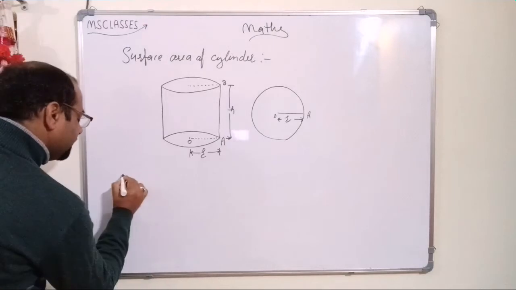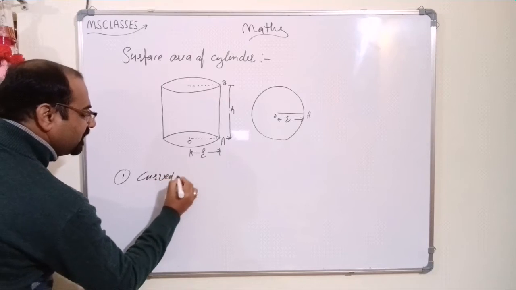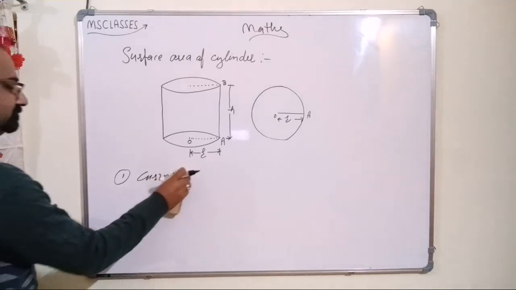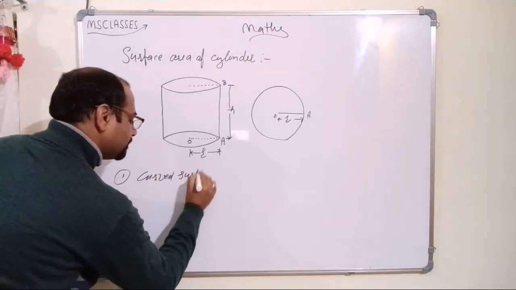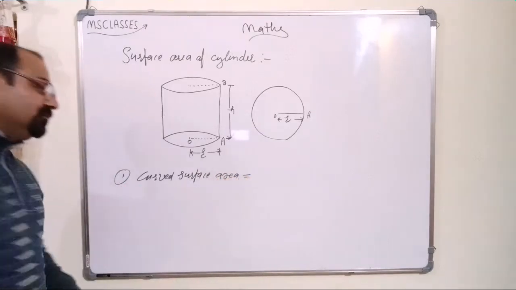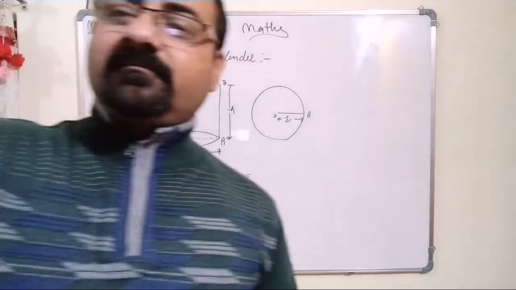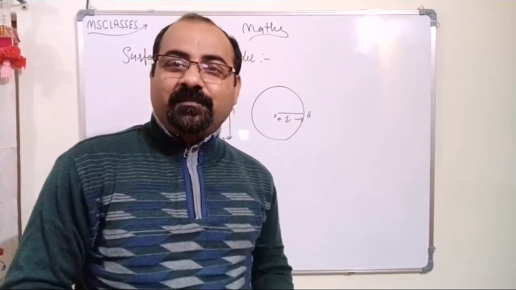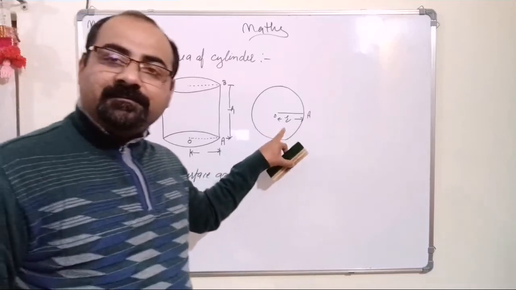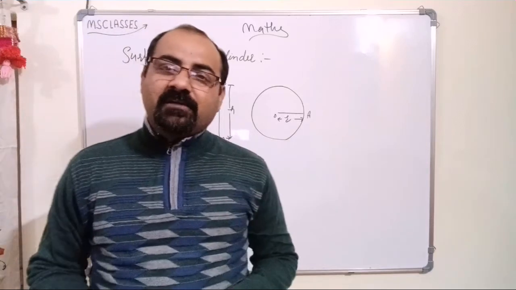Now our first thing, the curved surface area of a cylinder. If the radius of a circle is R, we discuss the curved surface area.